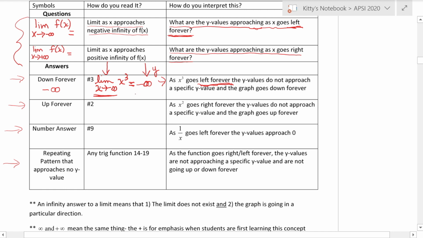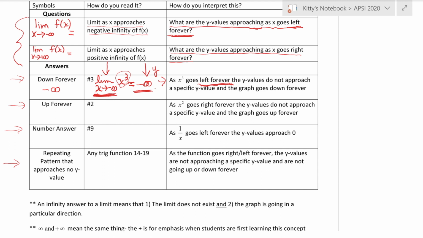But how I interpret it is, as the function x cubed goes left forever, the y's go down forever. Okay? So you can read the symbols, but what you're going to need to do is interpret what that means graphically so you can figure out what the function is doing. Okay?